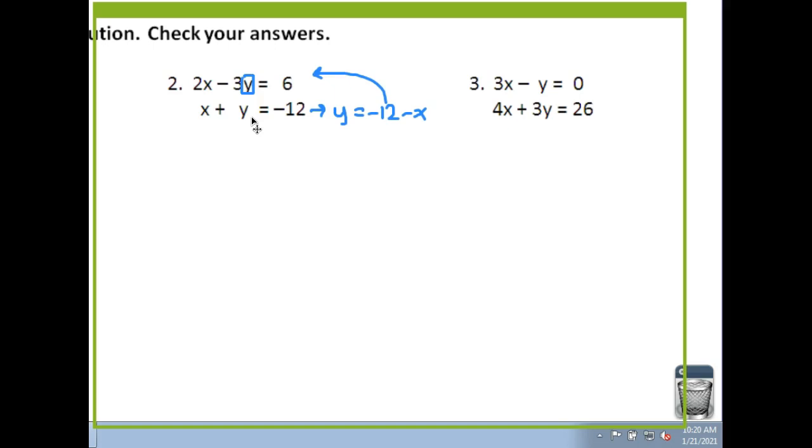So we have 2x minus 3, and now my y value is negative 12 minus x equals 6. So I'm going to distribute. Negative times a negative is a positive.